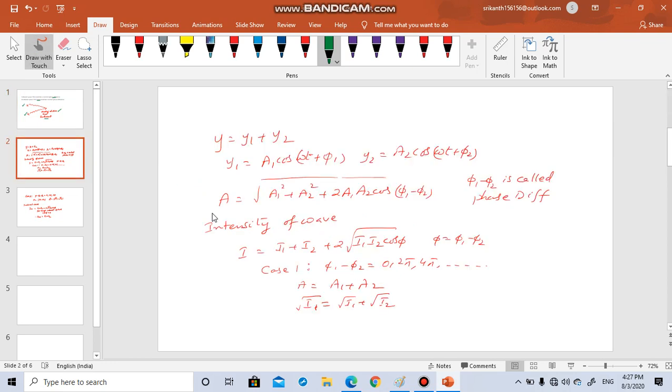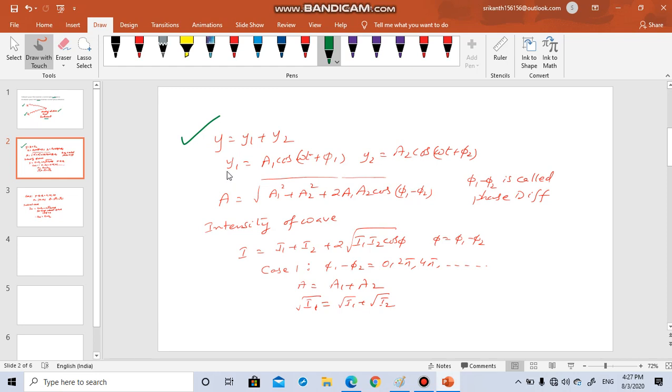So in this, the calculations we make use the principle of superposition. We have discussed earlier that we can add the displacements because of wave 1 and wave 2. So y is equal to y1 plus y2. This is the principle of superposition.